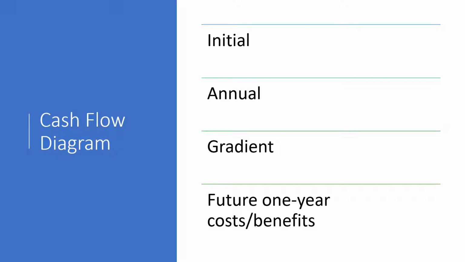Lastly, we have future one-year costs and benefits. So that might be like salvage value. That might be at the end of your project life, or maybe there's some other major rehab, for example, that you may want to attribute to a particular year of the project life.